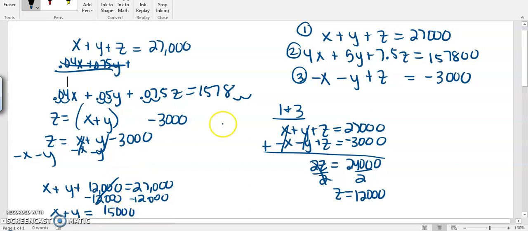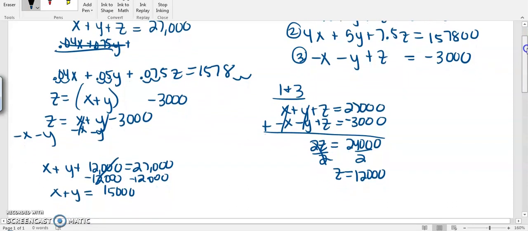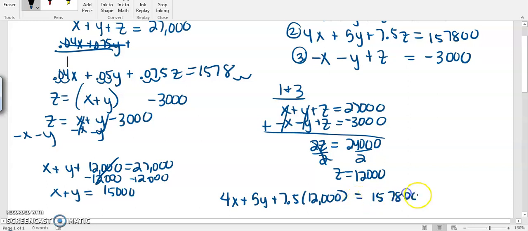So that's equation 1. Now I'm going to do the same thing with equation 2. Equation 2 is 4x plus 5y plus 7.5, and then instead of writing z, I'm going to write what I just found out z was. Z is 12,000, equals 157,800.